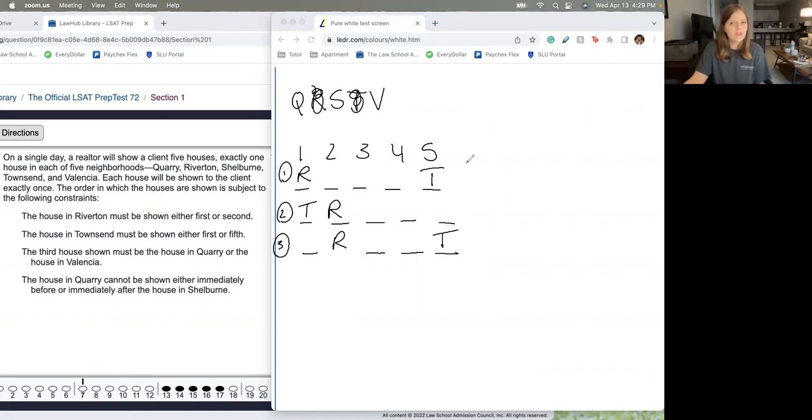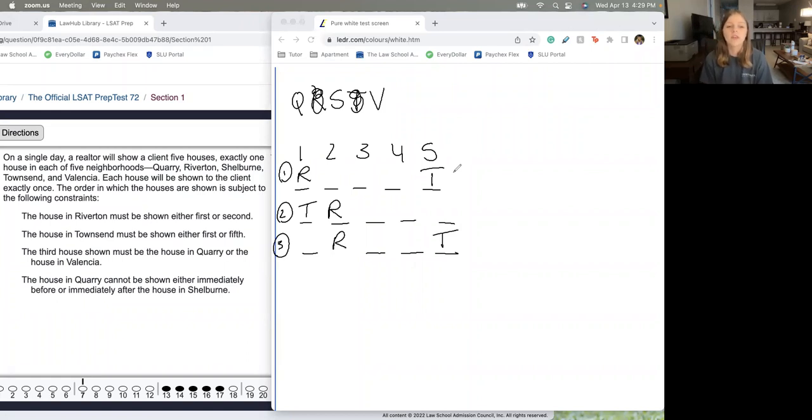And I still have 2 more rules left, which kind of gives me an idea that it's probably going to be a pretty set in stone diagram because I only have 3 variables left. So honestly, I could kind of probably just throw them in there without even looking at the rest of the rules and come up with diagrams. But we're going to go through the rules, and I have a feeling this will be fairly easy to throw in.